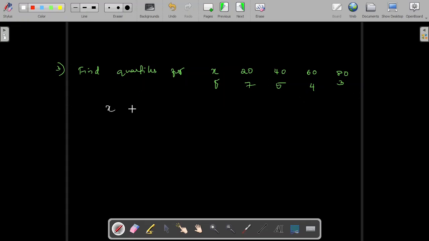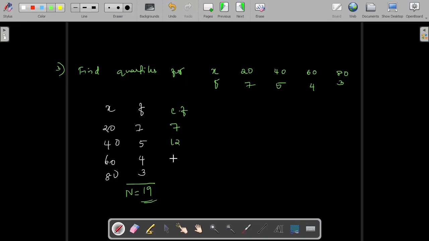Here X and F, that is X is 20, 40, 60, 80 and the frequencies are 7, 5, 4, 3. So this is ungrouped data with frequencies. Therefore, I have to find the total frequency and the cumulative frequency. N equal to 19 and the cumulative frequency CF is 7, 7 plus 5, 12, 12 plus 4, 16, 16 plus 3, 19.